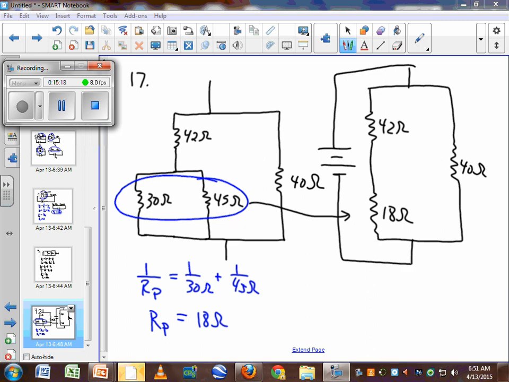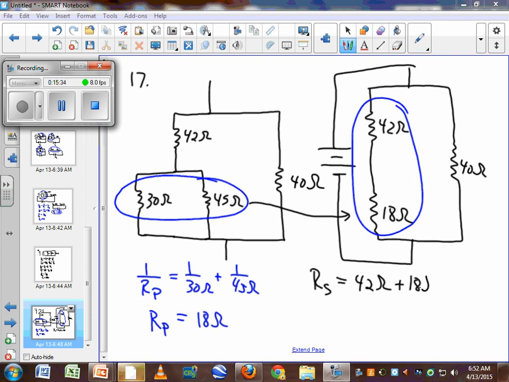And so what you do next is you combine the 42 and the 18 ohms. Those two together are in series, so you add them. So resistors in series, you add the 42 ohms plus the 18 ohms, which equals 60 ohms. And now that's in parallel with the 40 ohms.